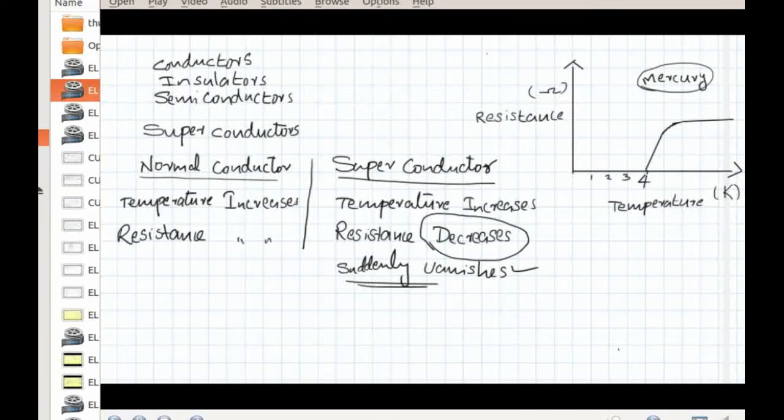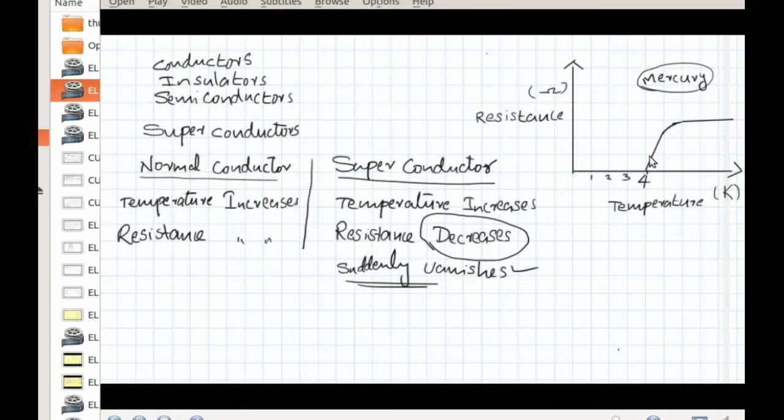And here there is a graph showing the variation of resistance with the temperature for mercury. Here we can see the temperature is shown in Kelvin scale. So when the temperature decreases, you can see in this part the resistance is almost a constant.